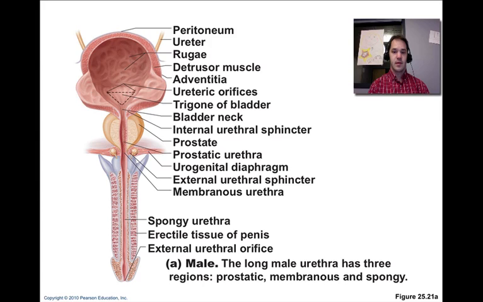There's the prostatic urethra, where it goes through the prostate. That's why old men sometimes can't empty their bladder and feel like they have to go lots and lots, because the prostate gets enlarged as you get older and squeezes off the urethra. And then we've got the membranous urethra, and then down here we've got the spongy urethra as it passes through the erectile tissue.